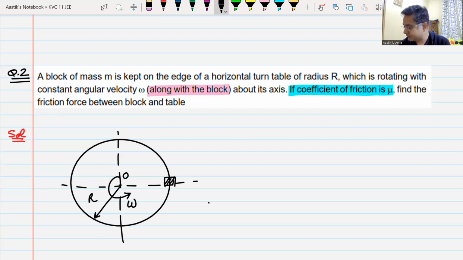Now, if it is rotating with the table, something must provide it with the centripetal force. What is providing this block with the centripetal force? Which force is providing this block the centripetal acceleration? Which force is acting as the centripetal force?